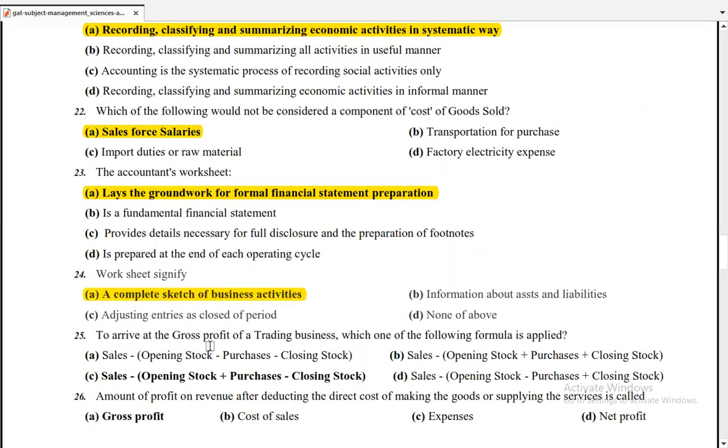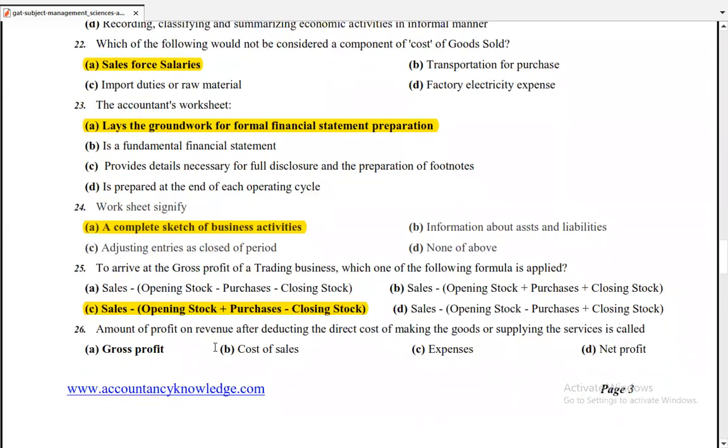To arrive at the gross profit of a trading business, which one of the following formulas is applied? It is sales minus opening stock plus purchases minus closing stock. The amount of profit of a revenue after deducting the direct cost of making the goods and supplying the service is called gross profit.